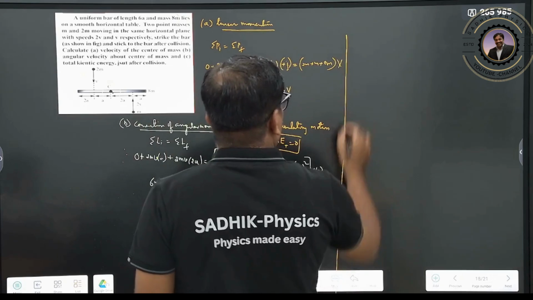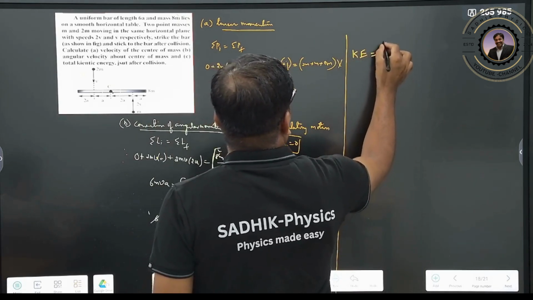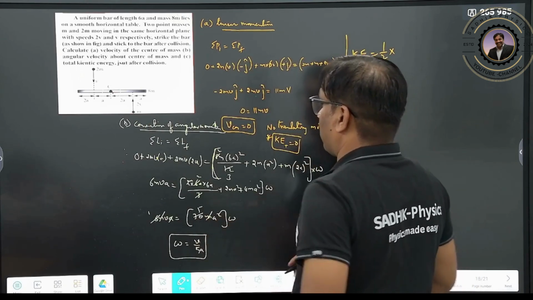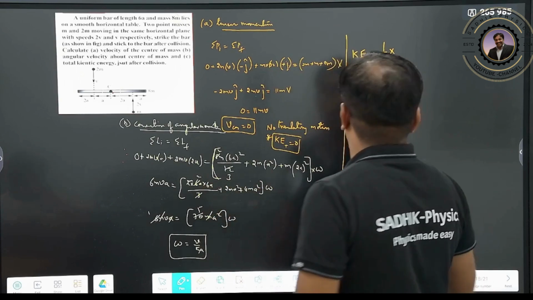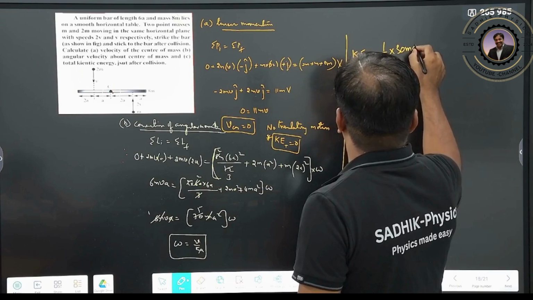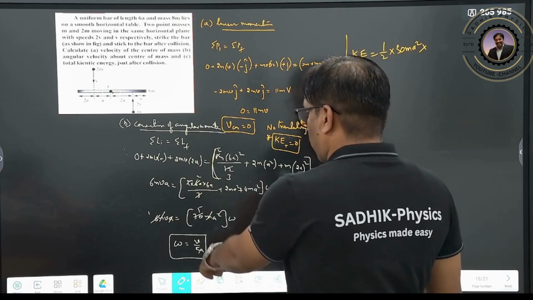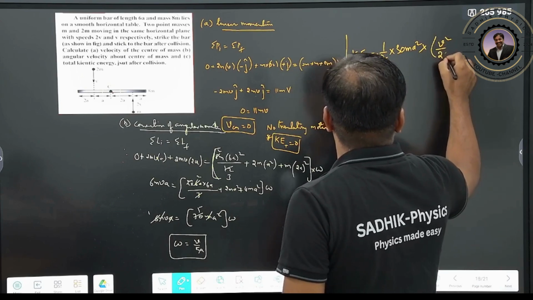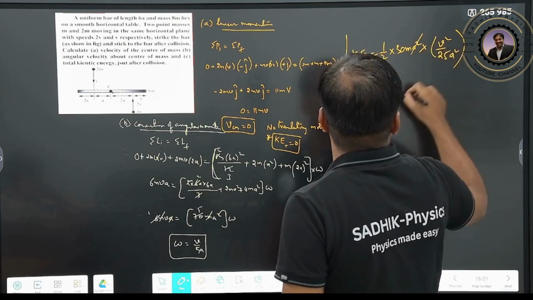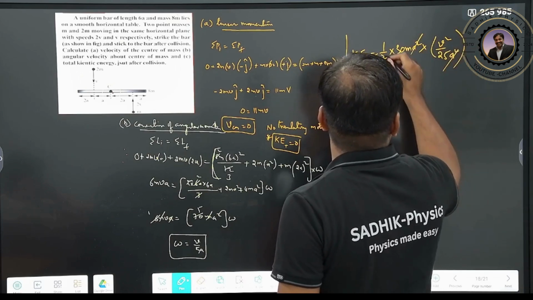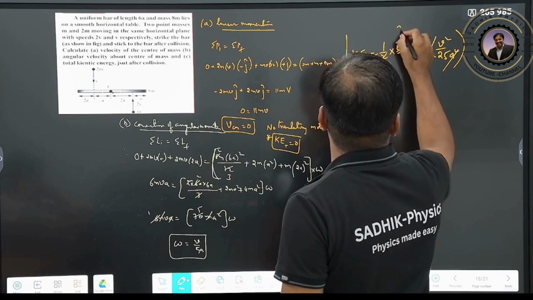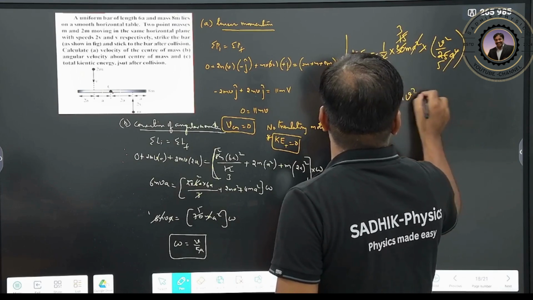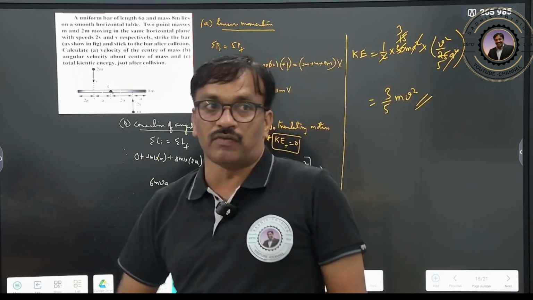Kinetic energy equals half times the moment of inertia, which we got as 30ma square, times omega square, which is v square by 25a square. This a square will get cancelled out. So 15 over 25, 5 3s are 15, 5 5s are 25, therefore 3 by 5 mv square will be the kinetic energy of this rod.